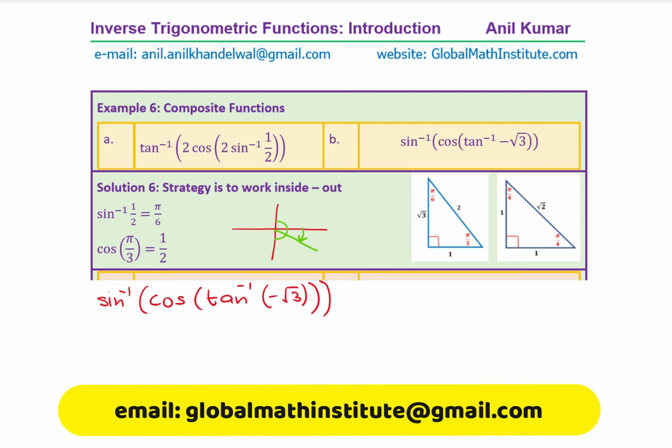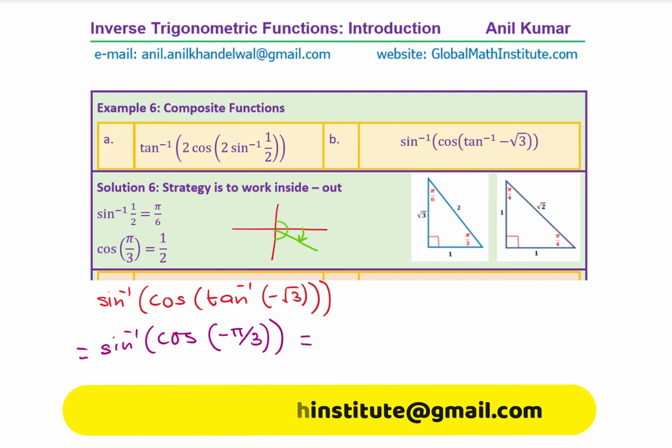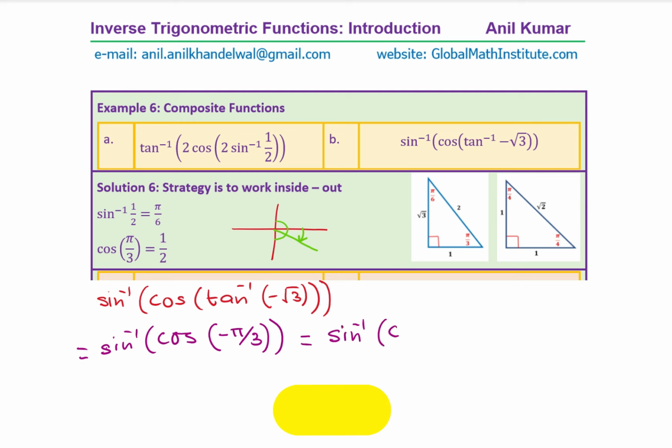So let's evaluate this value and rewrite. We have sine inverse of cos of tan inverse of minus square root 3, which will be minus pi by 3. Now cos is an even function, and therefore I could write this as sine inverse of cos of pi by 3.